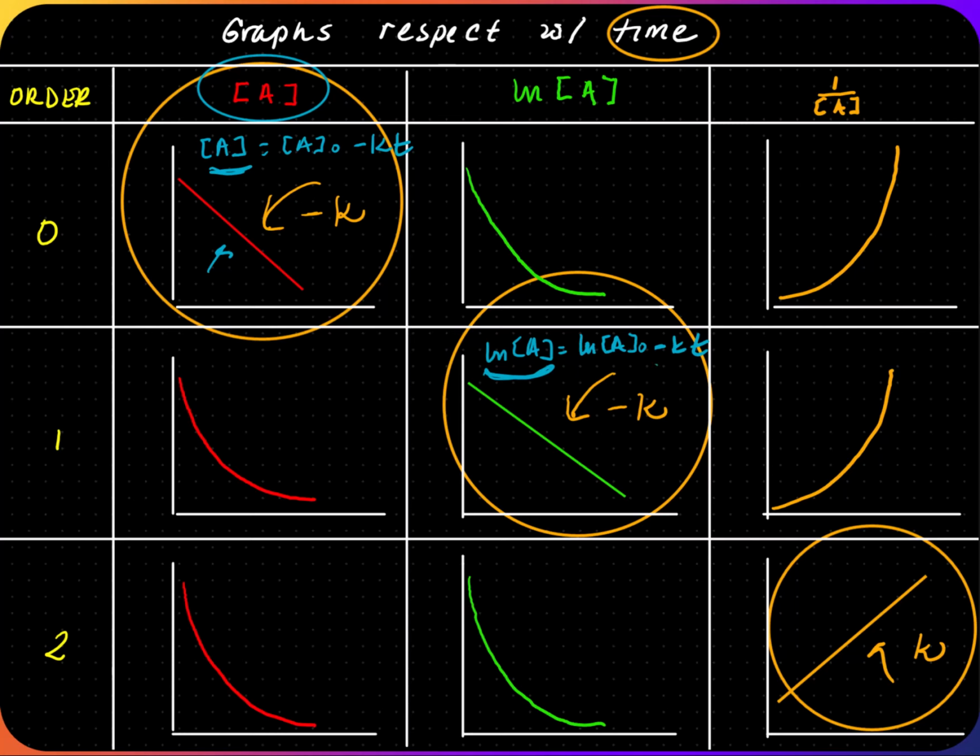And if you notice, the slope is negative for both of these. For second order, the equation is 1 over A equals 1 over A naught plus kt. Why? This is the only plot that gives you a linear line. The k is positive.